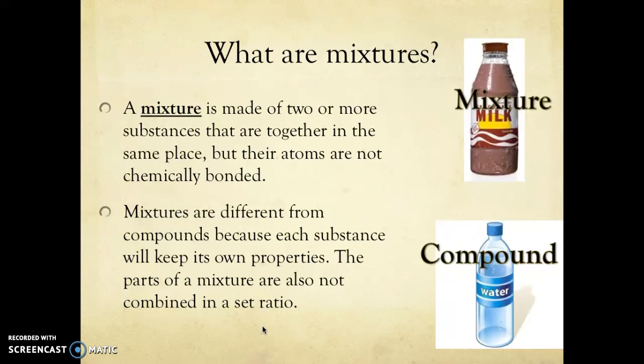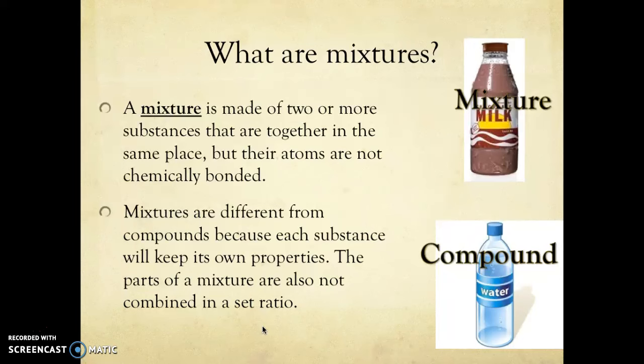Just different substances mixed. Now, mixtures are different from compounds because each substance will keep its own properties. So, for example, let's imagine we've got a bag of Chex Mix, okay? And in Chex Mix, you've got all sorts of stuff. You've got the little pieces of Chex, you've got little pretzels, things like that.